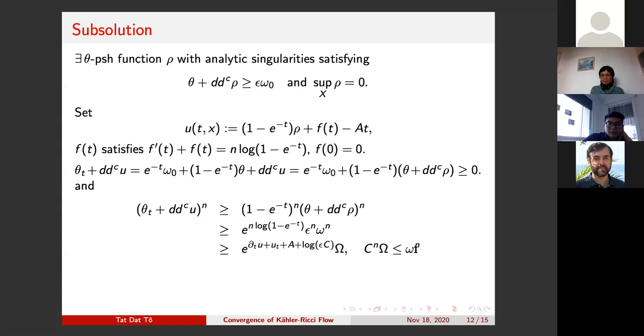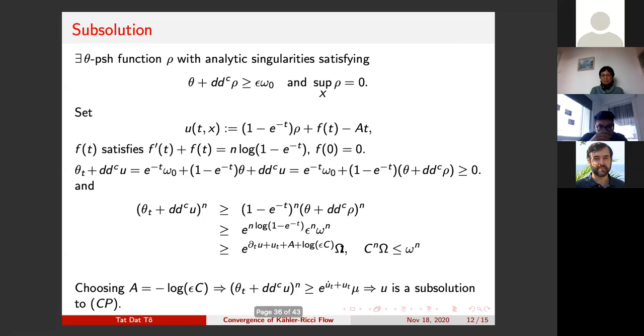So it should be omega_0^n. And now I just say that A should be chosen later, and here is exactly how to choose A. We take A is minus log epsilon C here, so from this inequality we have the inequality for the subsolution.